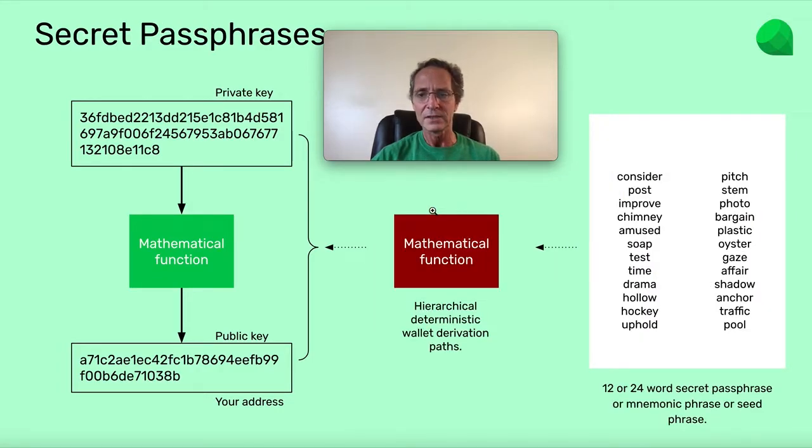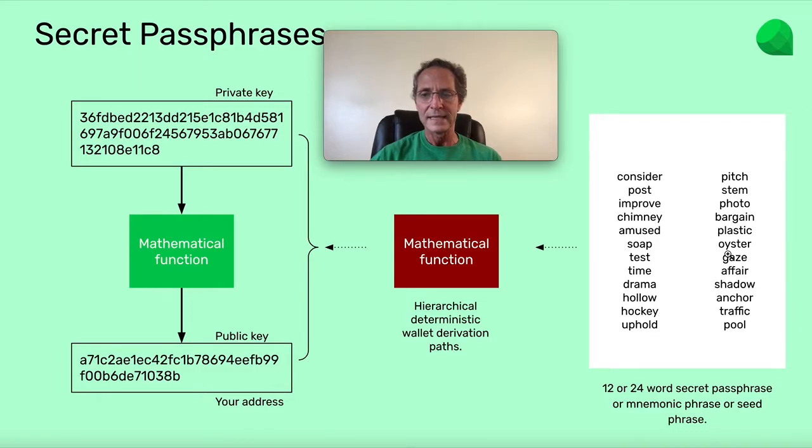It was created so that humans could have 12 words or 24 words, and those words have to be kept secret, because from this information you can figure out your private keys and your addresses on the blockchain. So people write them down, and it's easier for humans to write them down or memorize.